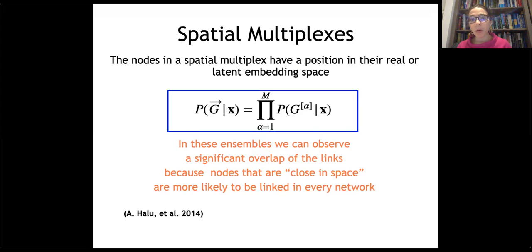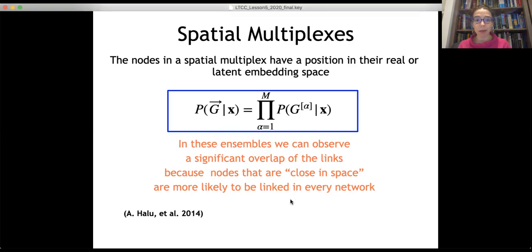So in this model, even if every layer is drawn independently but conditioned on the latent variable, we can have a link overlap. So if there is a common latent variable that affects the ensemble in all the layers, then this can be an alternative mechanism that generates link overlap in these systems.